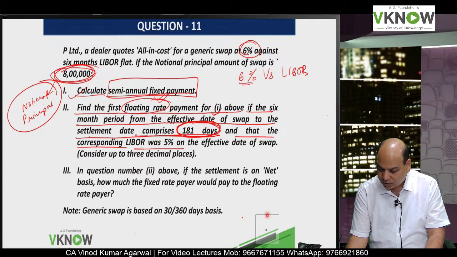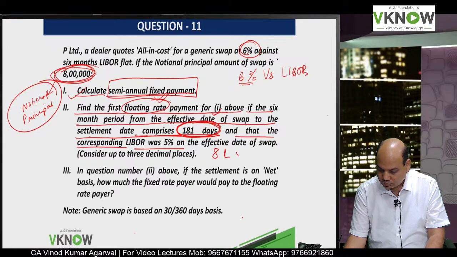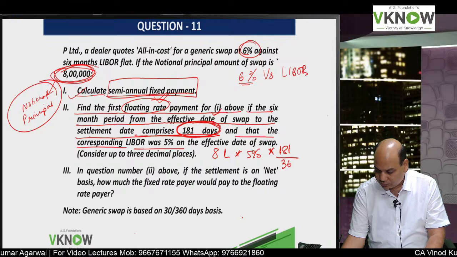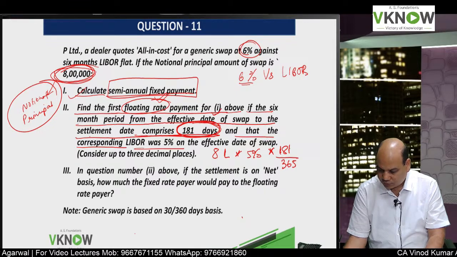So here we will take 8 lakh into 5% into 181 days, and divide by 365.